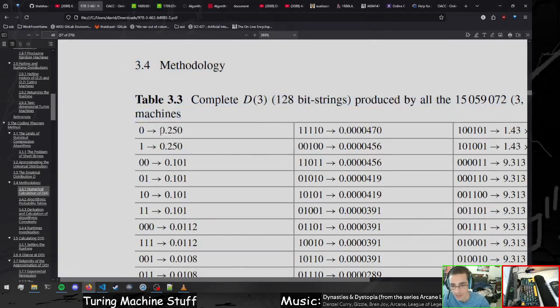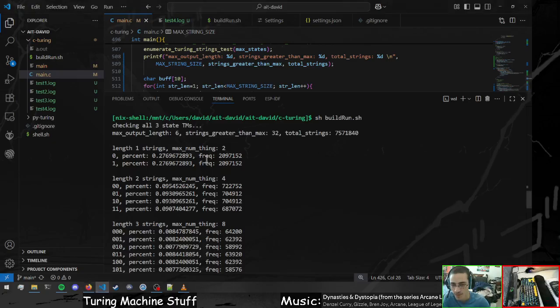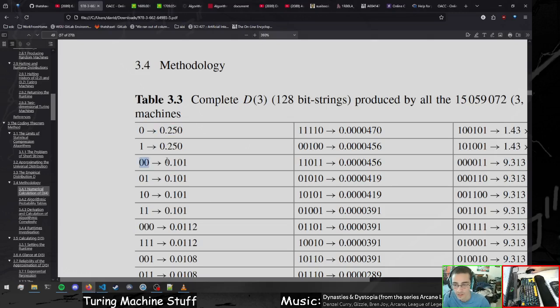They say 0 is 0.25, and my 0 was 0.27, almost. And 0 is 0, I got 0.09 and they got 0.1.